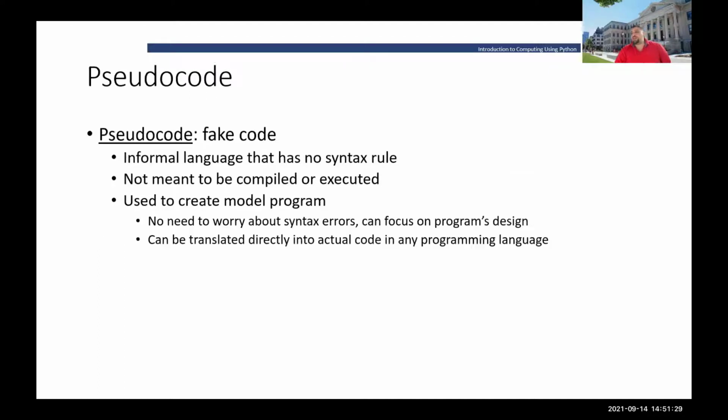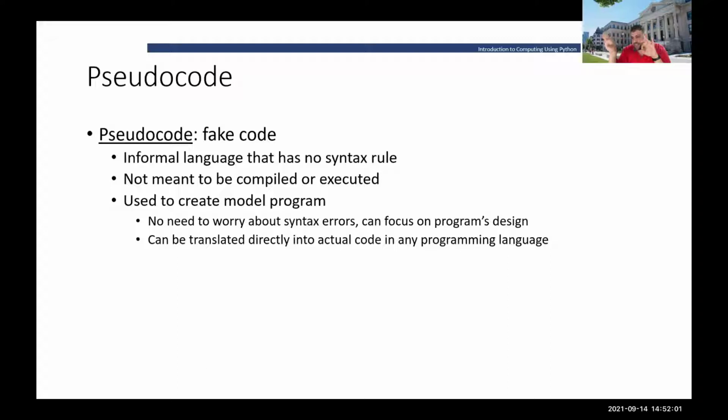Now, as I told you, pseudocode is fake code. It's an informal language that has no syntax rules at all, and it's not meant to be compiled or executed. It's a best practice used to write comments. In Python, if you use the hash sign, anything after it will be displayed in green, and that green text will be skipped by the interpreter or the compiler.